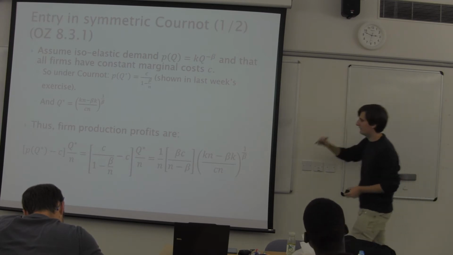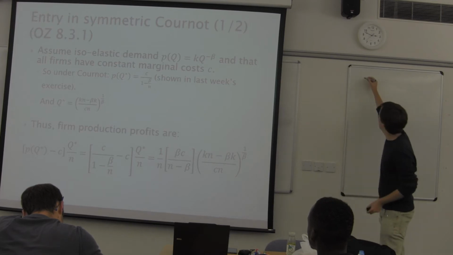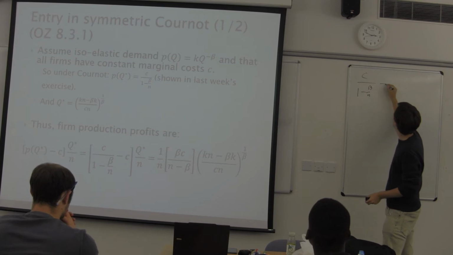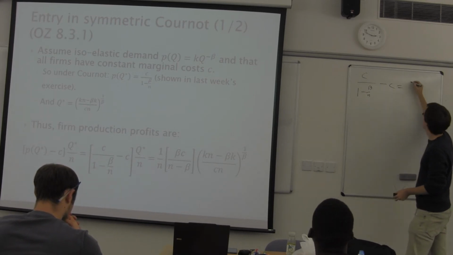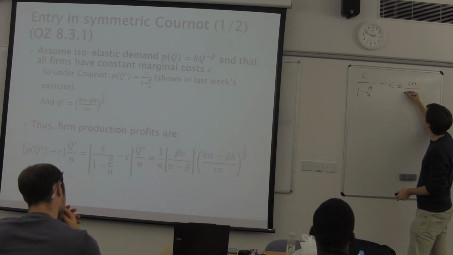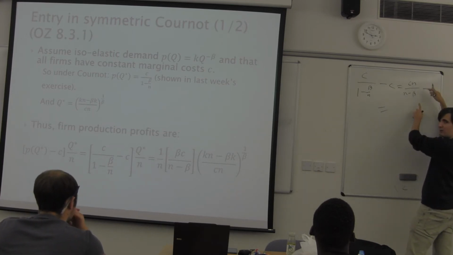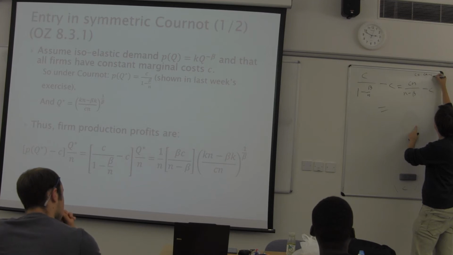So we have this thing, let's just look at this thing in brackets. Just check my maths is right. So we've got C times (1 minus beta over n) minus C. Well, that's equal to C times n over (n minus beta), minus C. Let's combine the two fractions. C is equal to C times n minus C times beta, all divided by n minus beta.